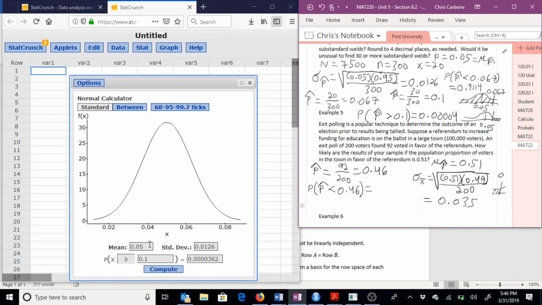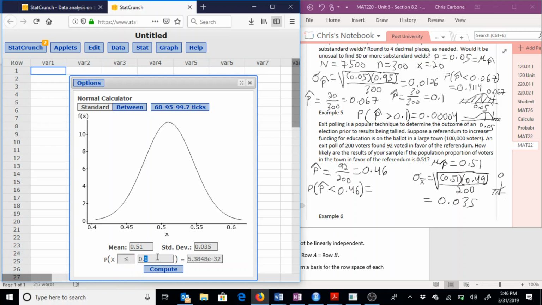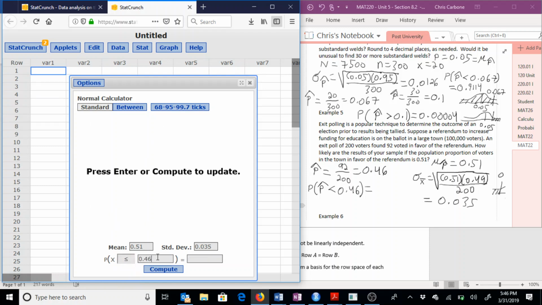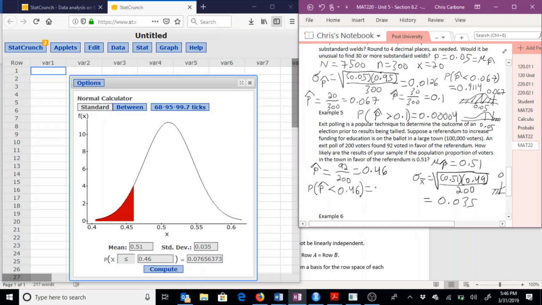So, throwing that into StatCrunch on here, and we want to determine this to be less than 0.46. Throwing that into StatCrunch will give us a value of 0.0766.